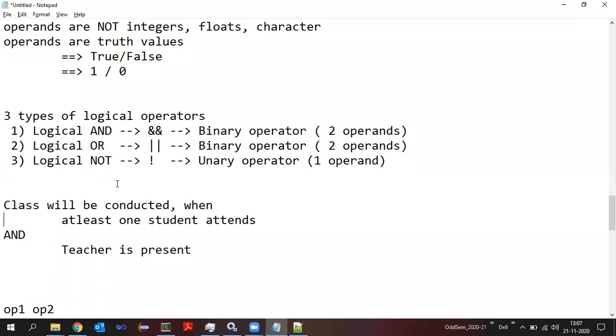Now, just try to understand this. I'm taking a very simple example in order to understand what logical operators actually are.